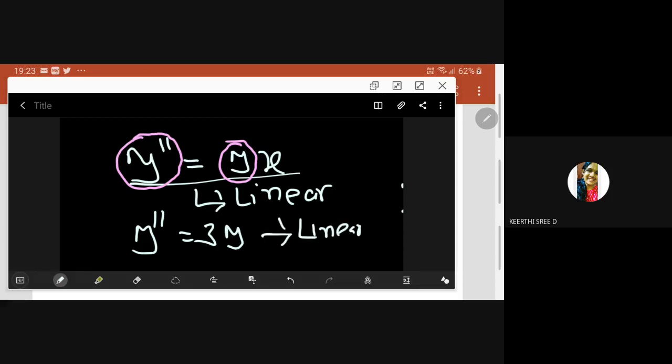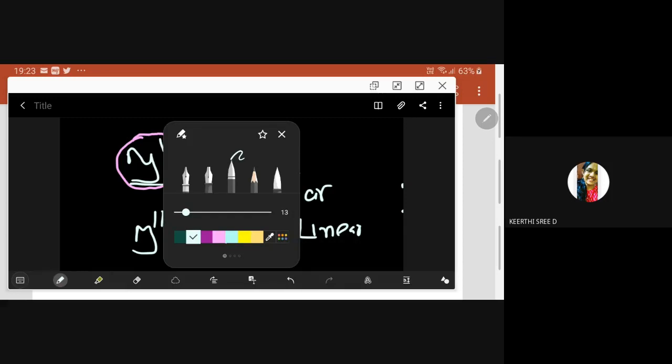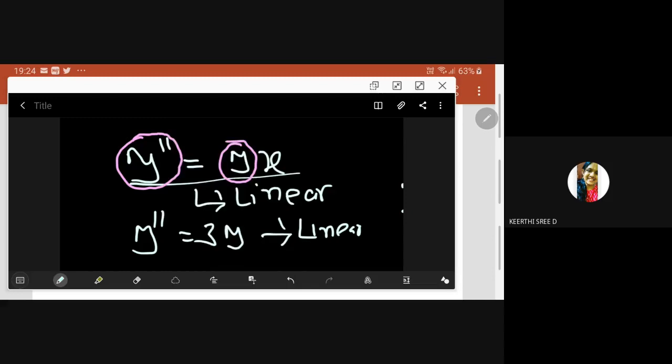In any equation you can talk about coefficients. Here, for the term involving y double dash, the coefficient is 1. And for this term, the coefficient is x.